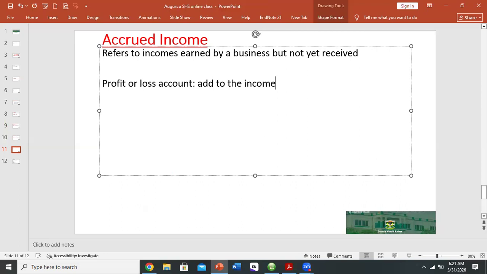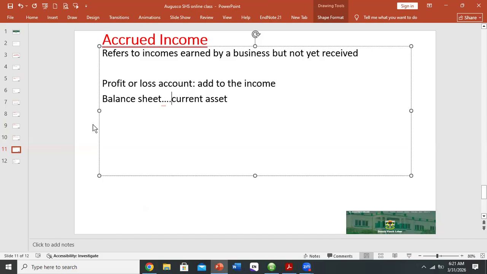And in the balance sheet, I'm sure you would be able to guess right that it will be shown as a current asset because these are monies that the business can lay claims over because we have earned that income, just that our customers have not paid.